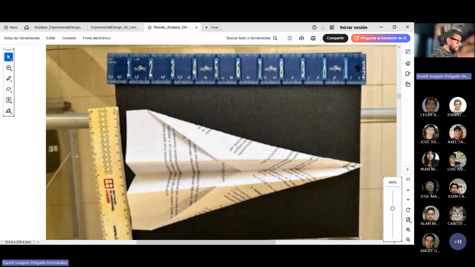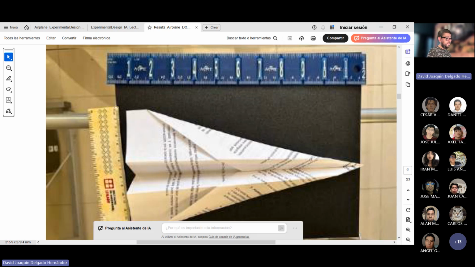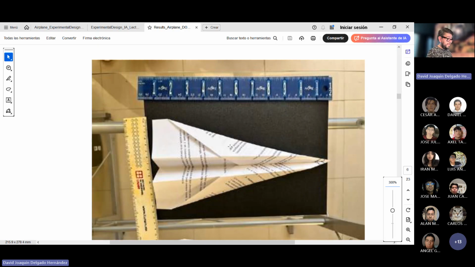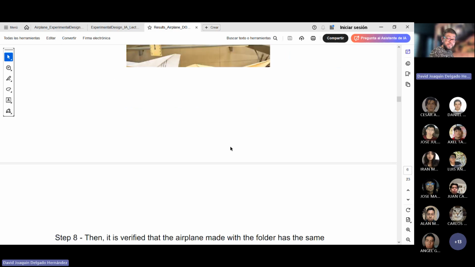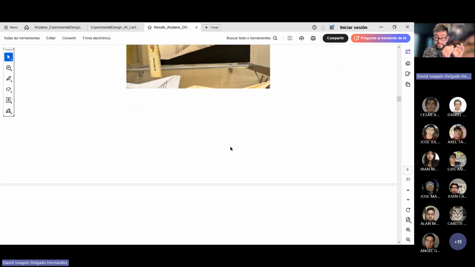Okay, so this is 30 centimeters long, and this is 16 centimeters in width. I had to measure all the airplanes to make sure that they were similar. This is a proper design of experiment. You should be very careful when you are designing your experiment and make sure that you are doing every step in the correct manner.